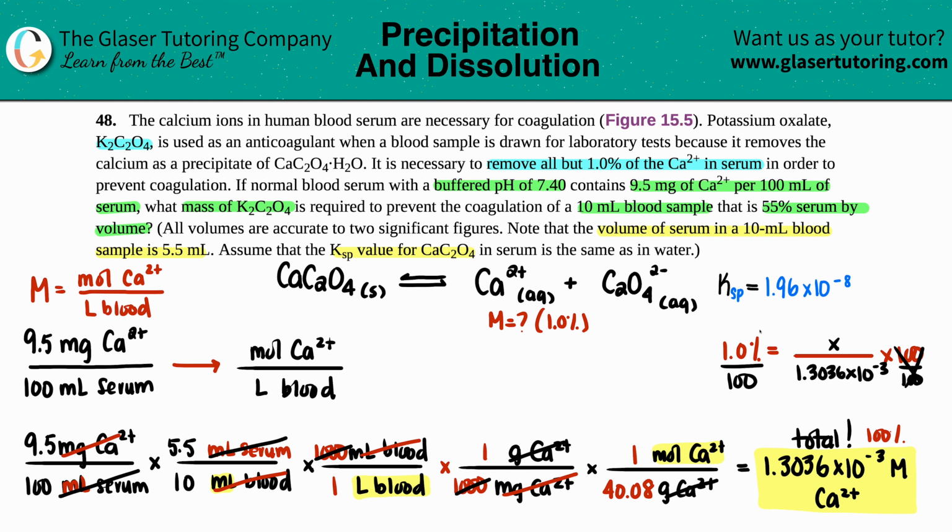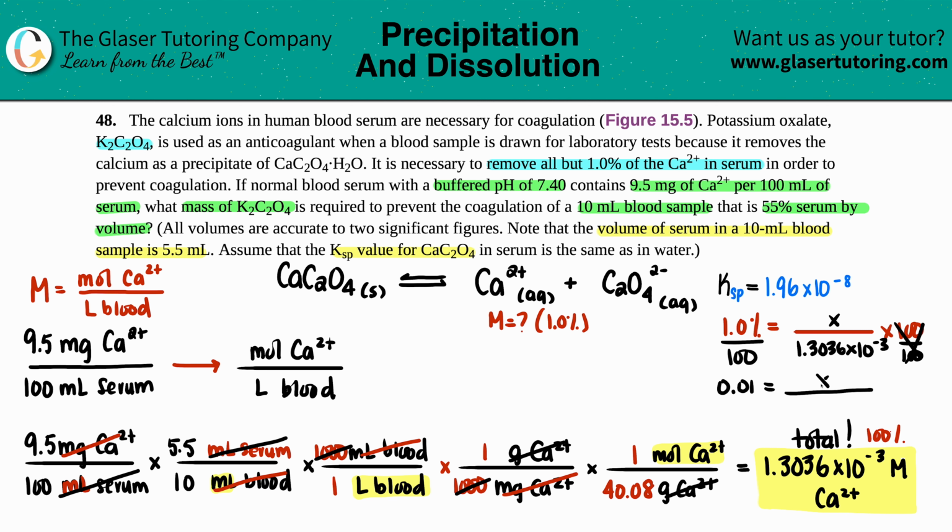So I get 0.01 equals X over 1.3036 times 10 to the negative third. So I'll just times that.